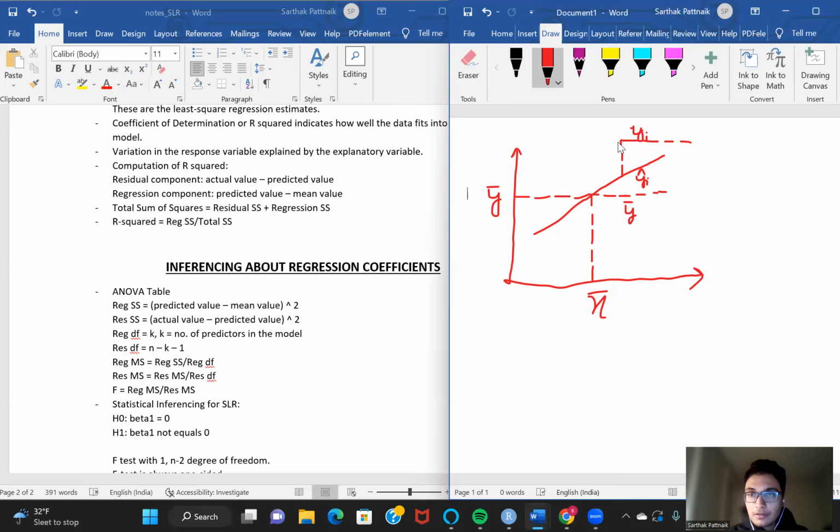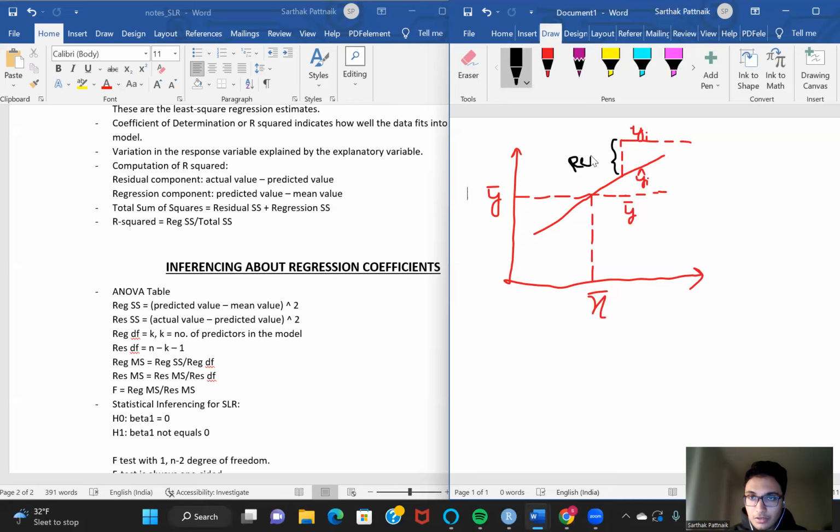So a couple of terminologies that we'll introduce here. The first terminology that we'll be introducing is going to be the residual component. This is the residual component.